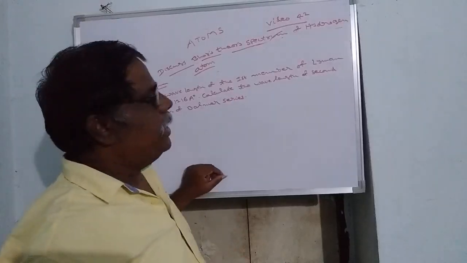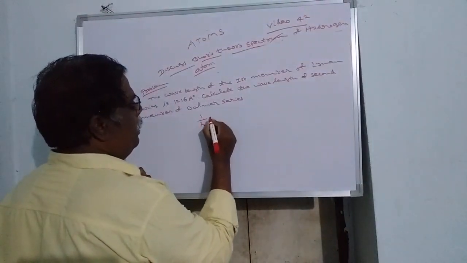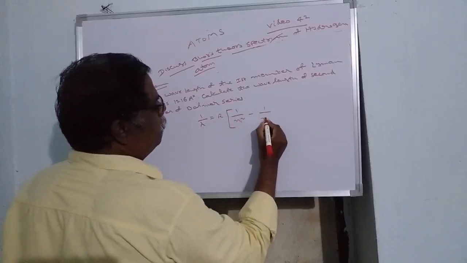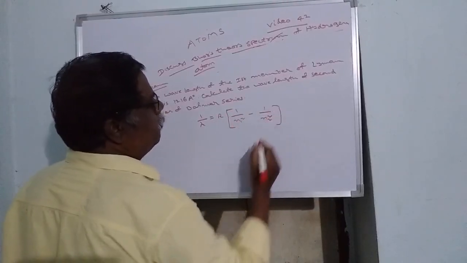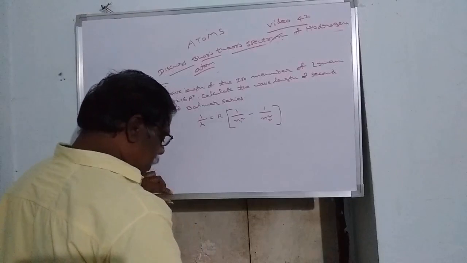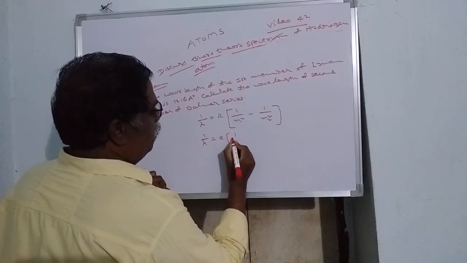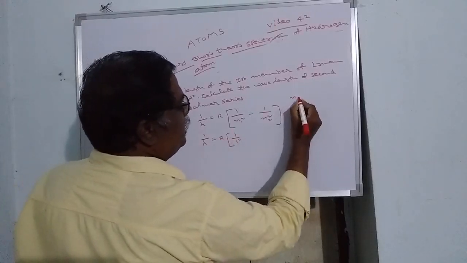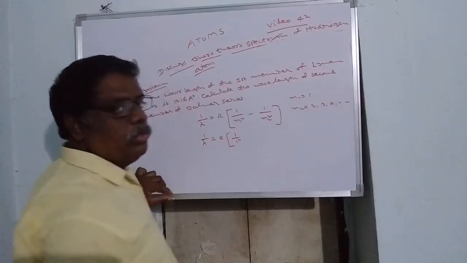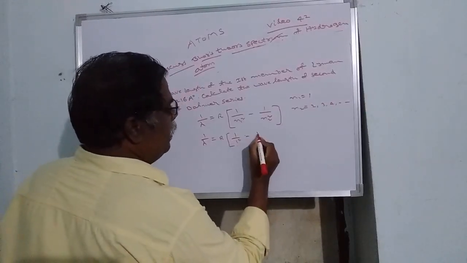Here, first member of the Lyman series. What is the formula we are using from the Rydberg formula? 1 by lambda is equal to R into 1 by N1 square minus 1 by N2 square. For the Lyman series, N1 is equal to 1, N2 is equal to 2, 3, 4 and so on. So that means 1 by 1 square minus 1 by 2 square.